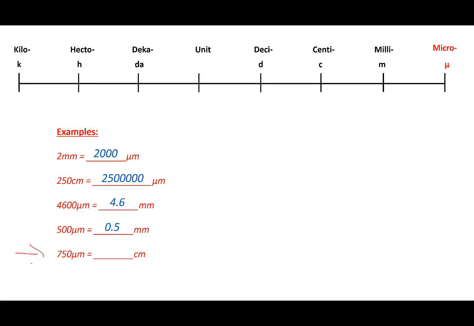All right, let's do the last one here. We are at 750 micrometers, and now we want to move to centimeters. So remember, over here we have to do 3 steps first, and then 1 more step here. So writing this, 750 micrometers, well, we have that invisible decimal point right here.